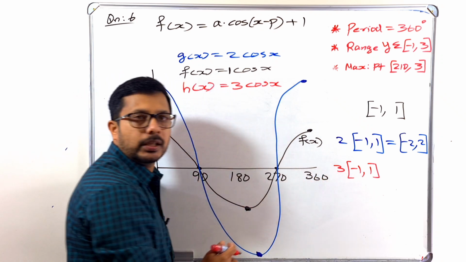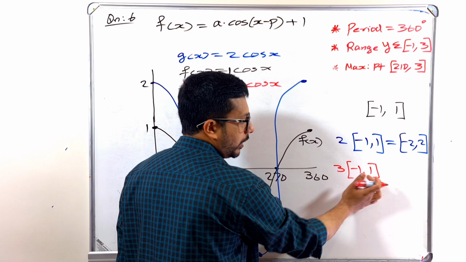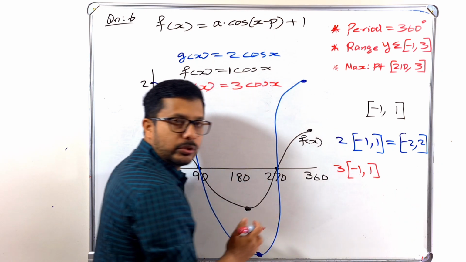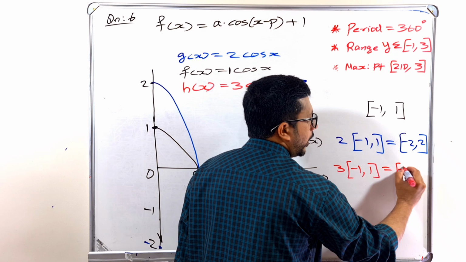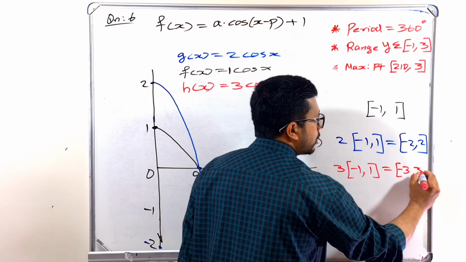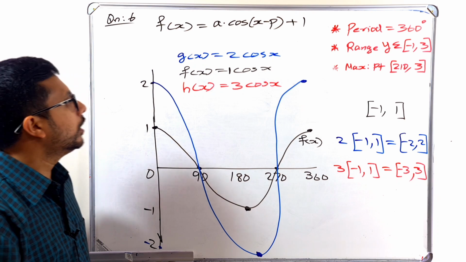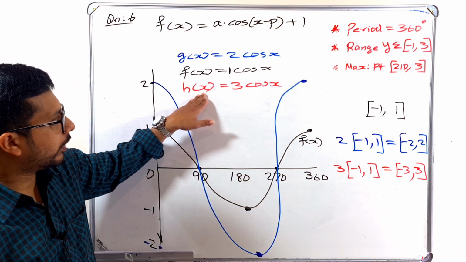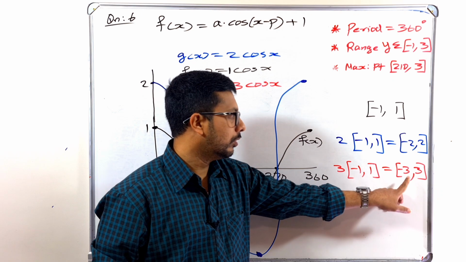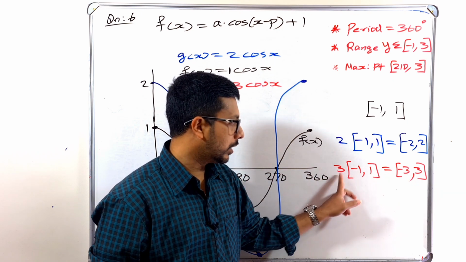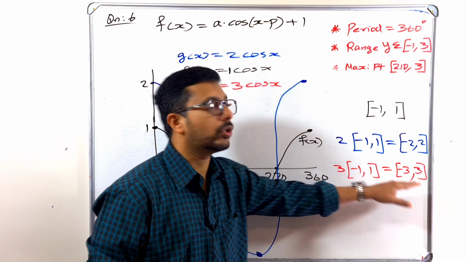So how can you find the range? 3 times the normal cos x range of -1 to 1. So 3 times -1 is -3, 3 times 1 is +3. You understand? So the range of 3 cos x is -3 comma 3.